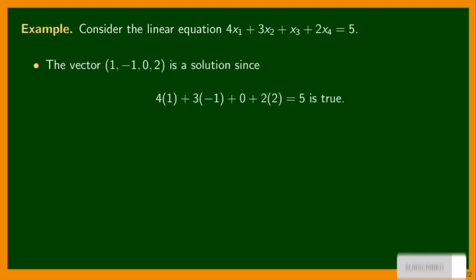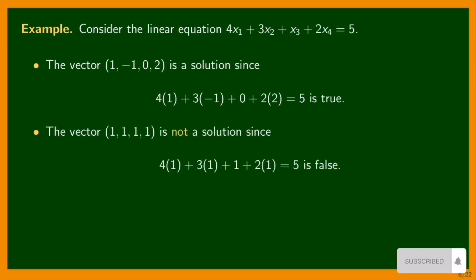Notice that the vector with components 1, -1, 0, 2 is a solution to this equation, because if one substitutes 1 for x1, -1 for x2, 0 for x3, 2 for x4, we get an equation which is true.